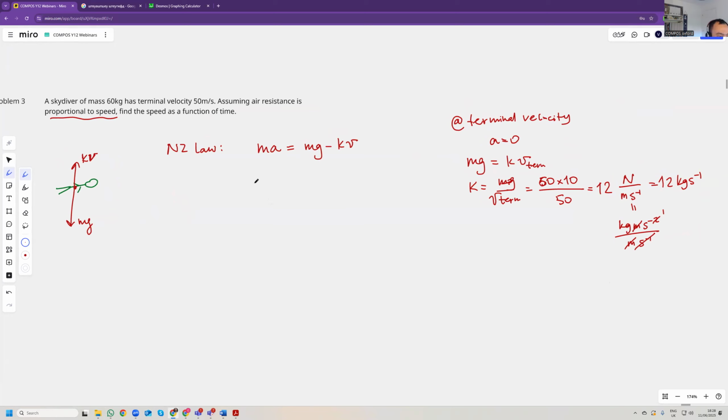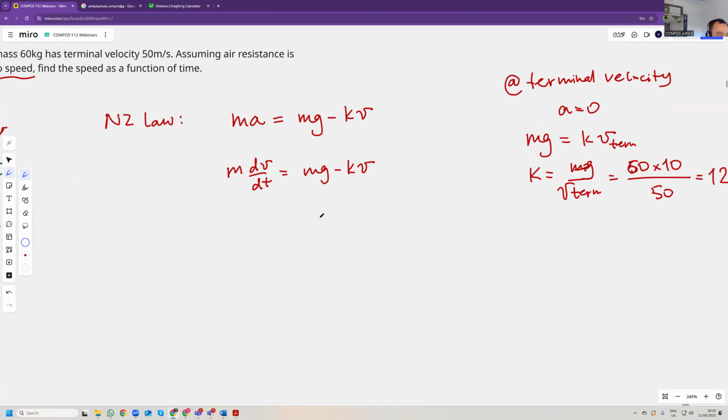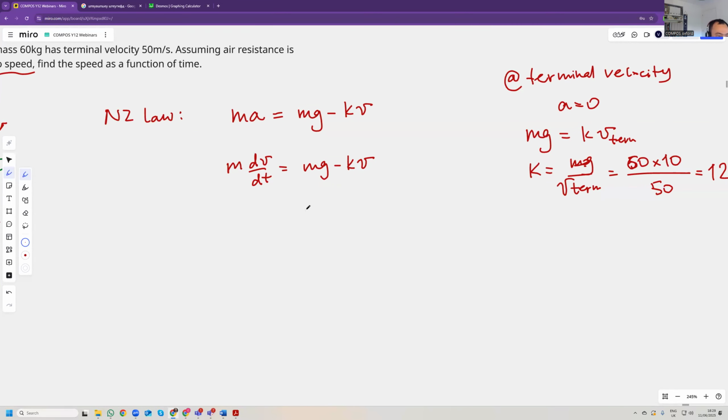Okay, so m dv/dt is equal to mg minus kv. Now we can separate the variables. We can do m dv divided by (mg minus kv) equals dt.